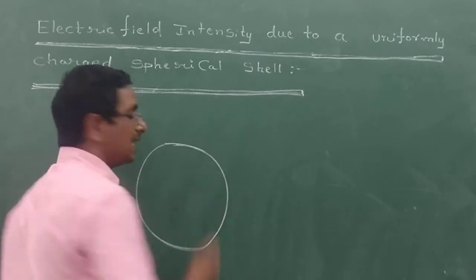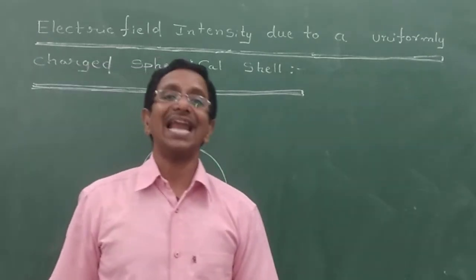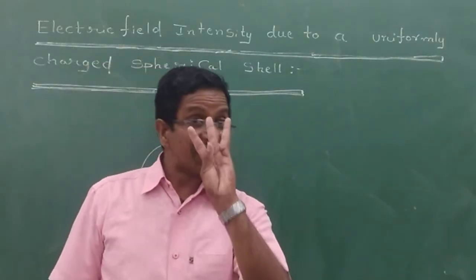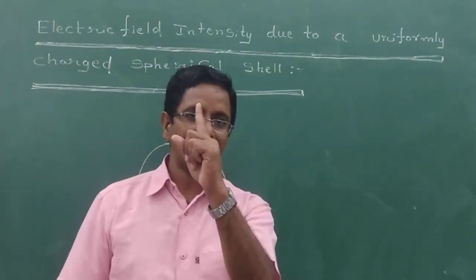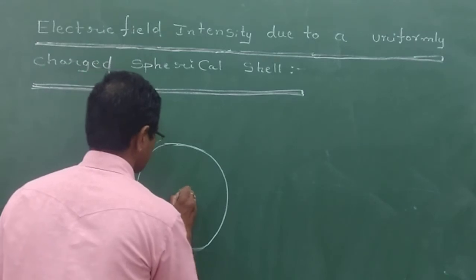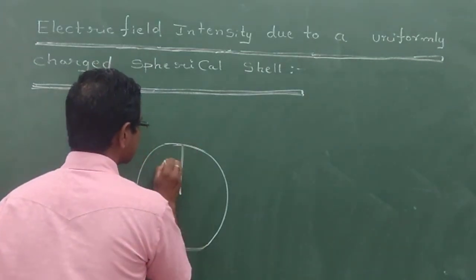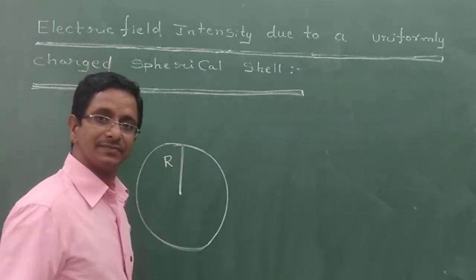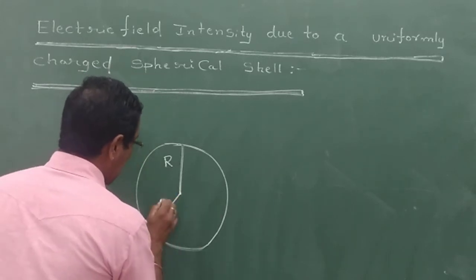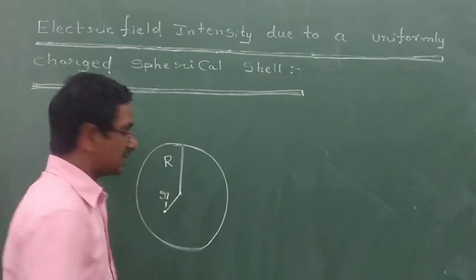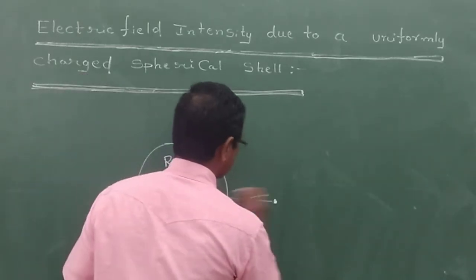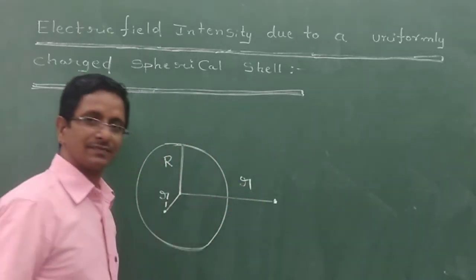Here I have to find electric field at 3 points. What are the points? Point number 1. Its radius is capital R. Now I consider another radius, that is R1. Now another one is small r.